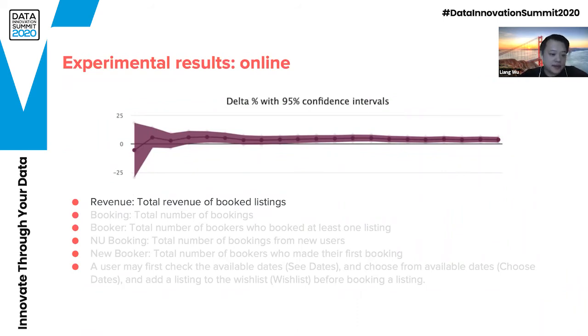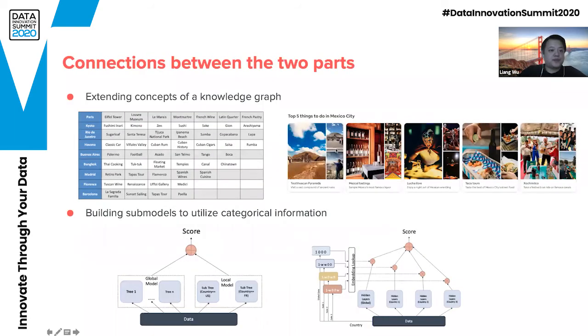And we can see in day 1, actually the control group outperformed the treatment group, but the confidence interval is quite wide. And from day 2, we can see the treatment effect is positive, and the purple area is the confidence interval. And after about 10 days, the model consistently outperforms the baseline algorithm.